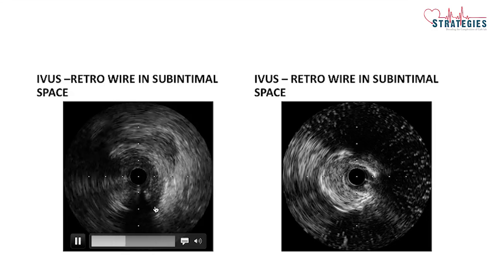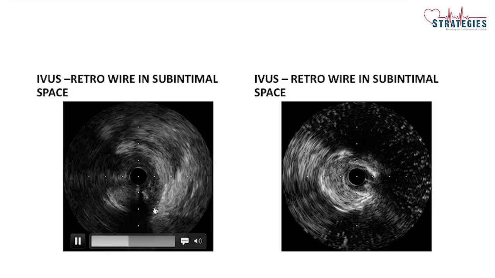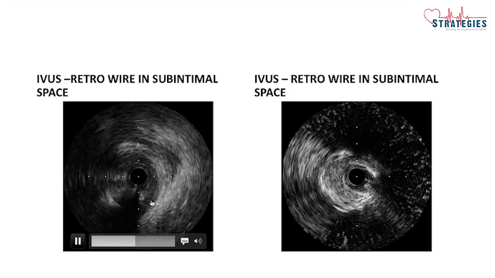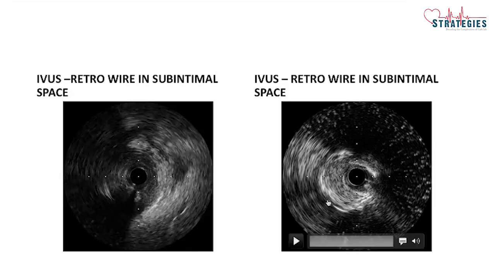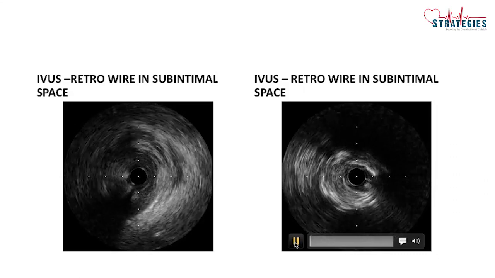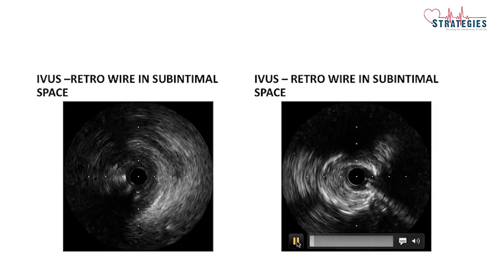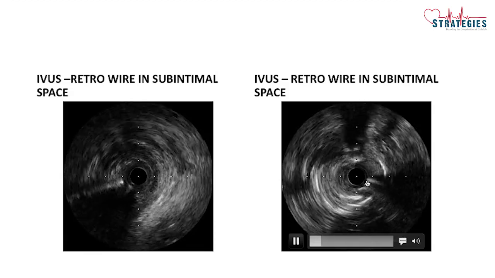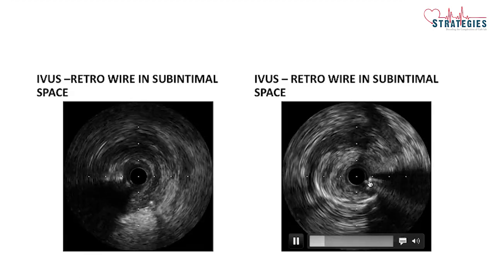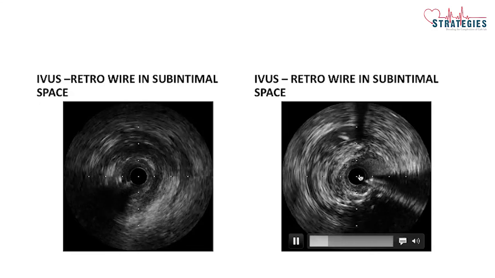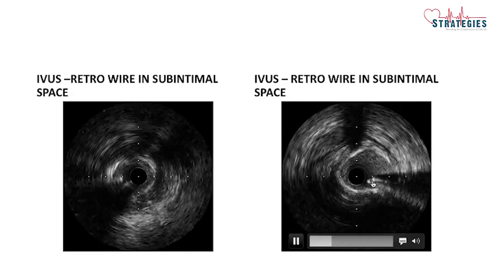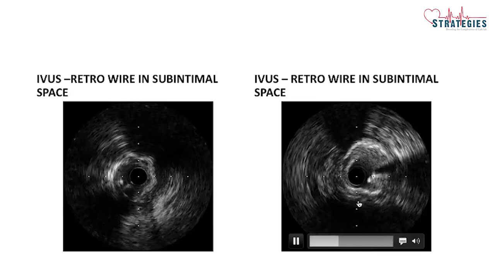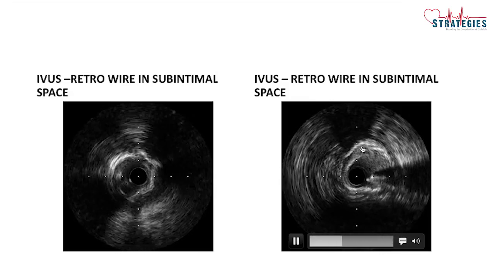You can see the wire is here, and it created a subintimal plane here. This is again the same IVUS showing our retrograde wire. You can see these are our antegrade wires, the septal wire through which IVUS was sent, and this one is the Caravel catheter, which gives a large shadow, and this is the true lumen.